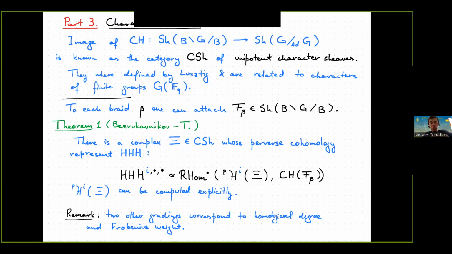One important feature of this is that the perverse cohomology of this complex X_i can also be computed explicitly. In some sense, they can be described via the Springer correspondence.